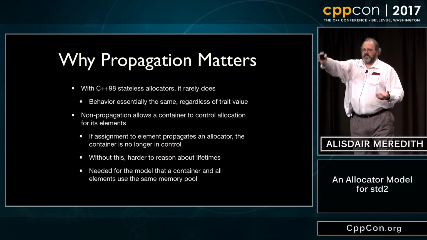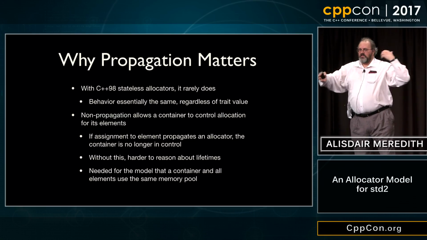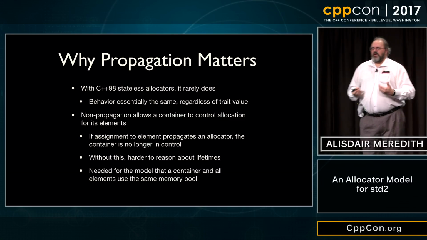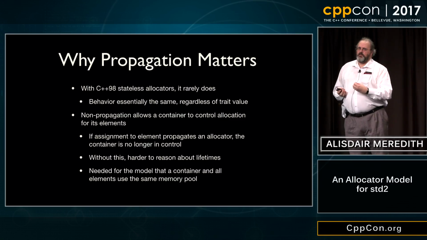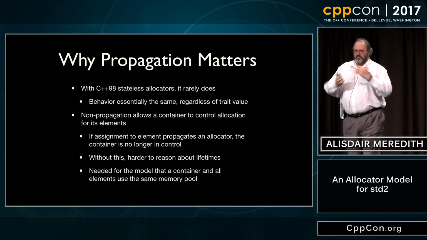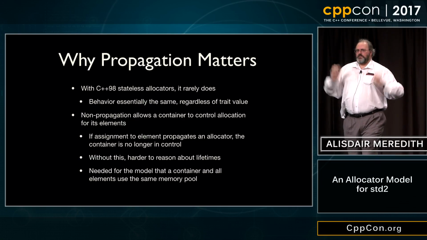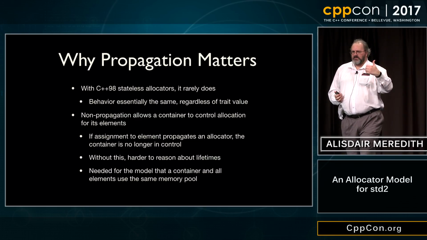If someone starts being able to move those elements in and out of that memory by changing the allocators, it becomes very hard to reason about the lifetime of the allocated memory, of the managed memory that's managed by the resource. So we really don't want people swapping out allocators once objects have been created underneath us.